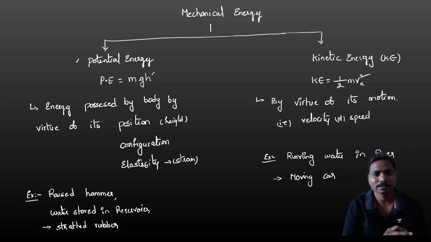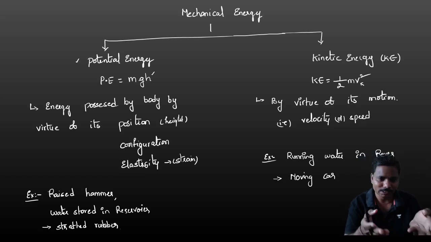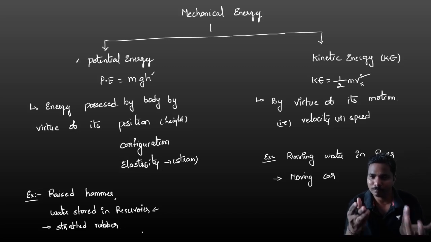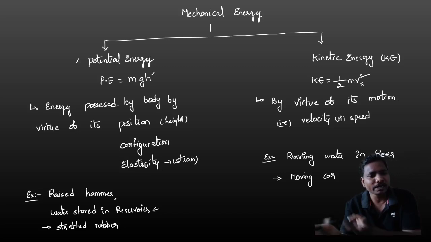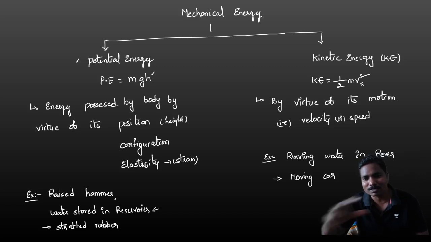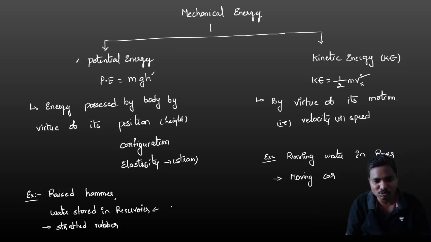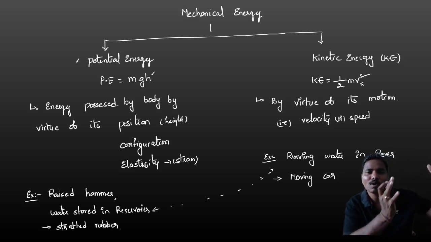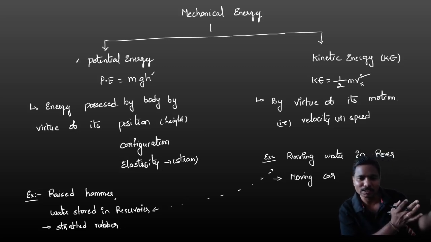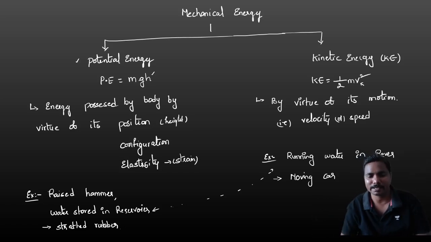So we have already discussed the law of conservation of energy. Now that is also applicable here. If the water is stored in a reservoir having potential energy, whenever you release the water, what will happen? Water is moving, and that is nothing but kinetic energy. So whatever the potential energy is there will be converted into kinetic energy. Whatever the potential energy loss, that is the gain of kinetic.